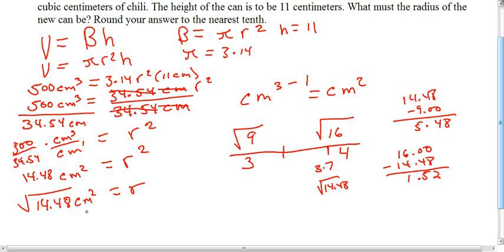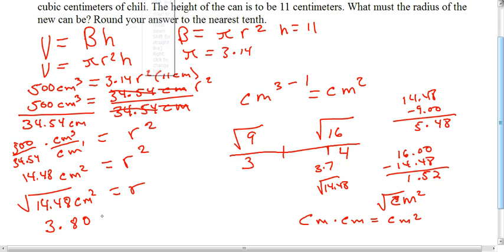Now another thing, what happens if we take the square root of these centimeters squared? Well, of course, it's easy. We know that centimeter times centimeter gives us centimeter squared. So this becomes centimeter. So now I'm looking at 3.80, approximately, and let me make sure I put this in because I really want this to follow with you guys.